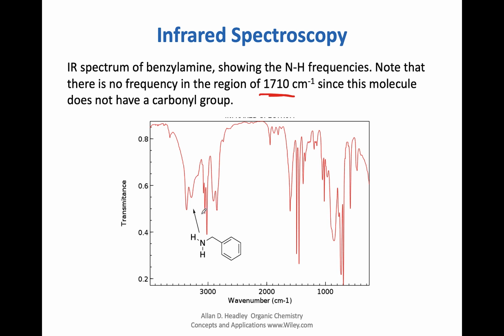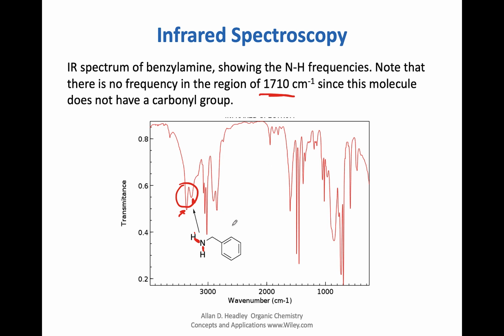So looking at the spectrum again, we see a band here, and that indicates the presence of an amine. Two bands here overlapping or pretty close to each other would indicate the vibration of a primary amine, the two NHs of a primary amine.